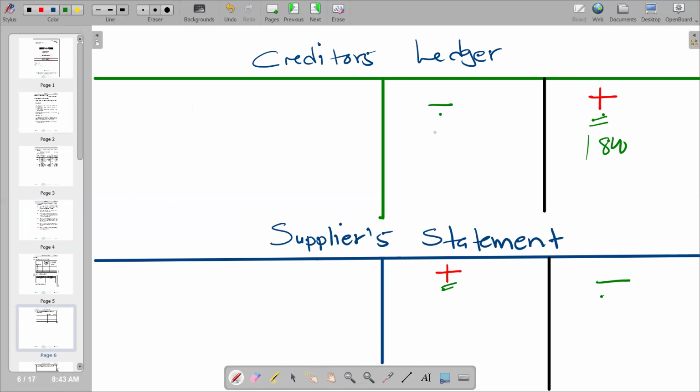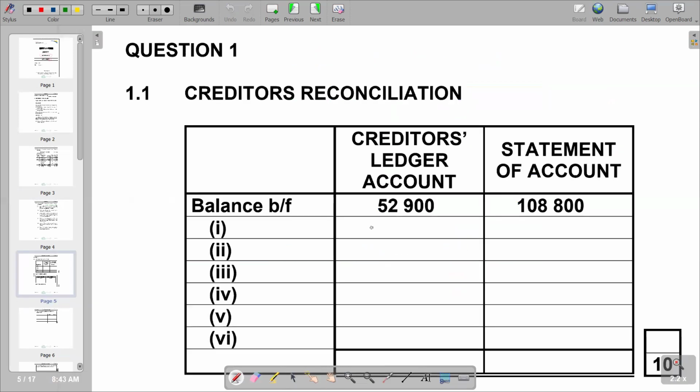So it's going to be 1,800 on the debit side, which is going to be a minus. So it's a minus 1,800 in the column for creditors ledger, since the supplier statement is showing the correct amount. So we go to our other section. On item 1, we are having a minus 1,800 on the creditors ledger account column.